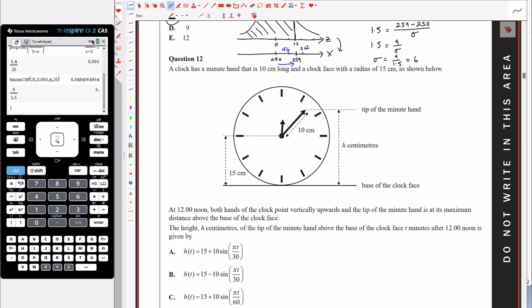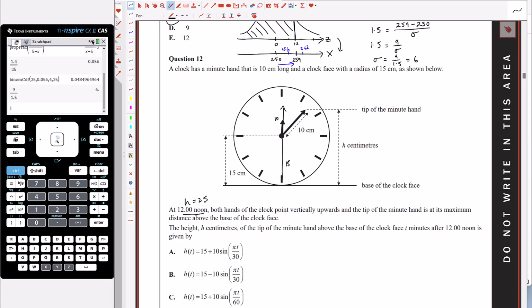We don't know the length of the hour hand though, so it's just about the minute hand. So the tip of the minute hand at 12 noon is going to be 10 above the center, and this bit here is obviously 15. And so at 12 noon, h would be 10 plus 15, so 25.